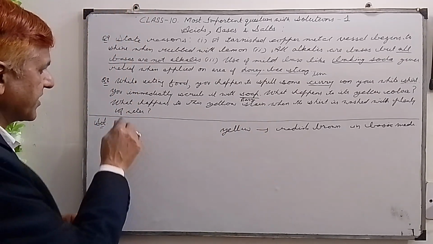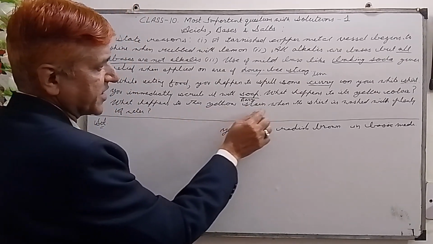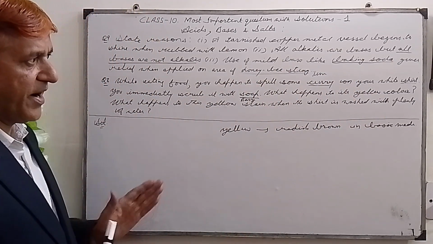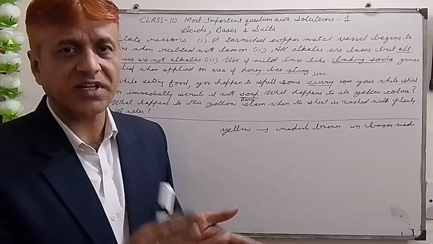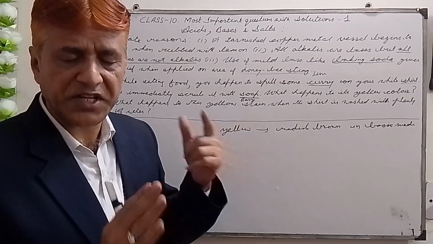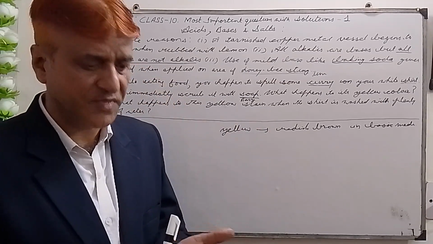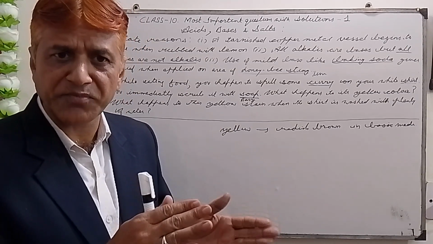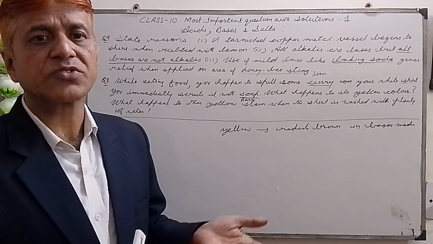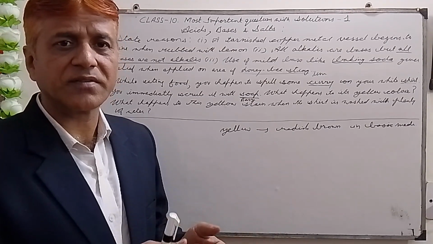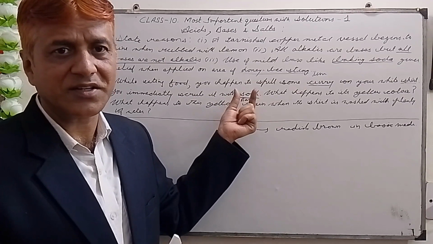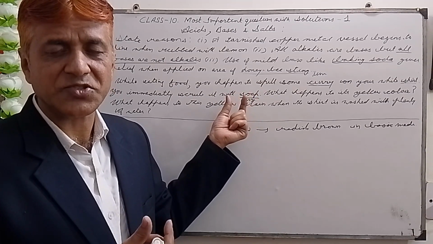And then the next part is, what happens to this yellow stain when the shirt is washed with plenty of water. When we wash the shirt with plenty of water, the soap will also get removed with water. So when soap gets removed, then what is left is only the curry stain.